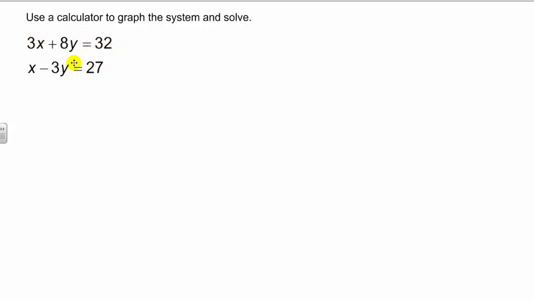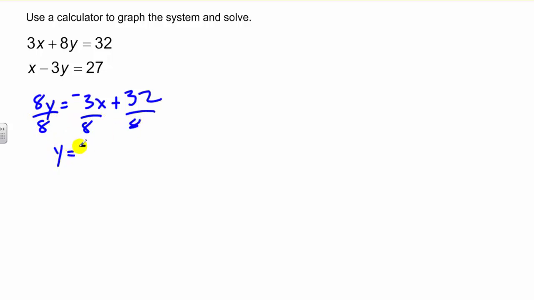In this first problem up top, I'll need to subtract 3x from both sides. So we start by having 8y equals negative 3x plus 32. Divide by 8 on both sides. And I get y equals negative 3/8 x plus 4.